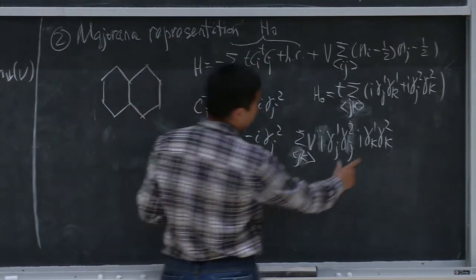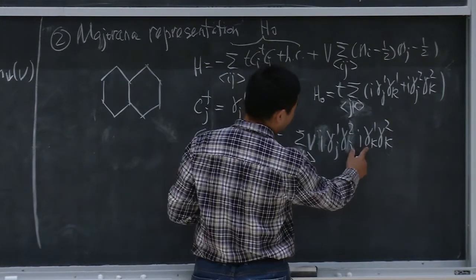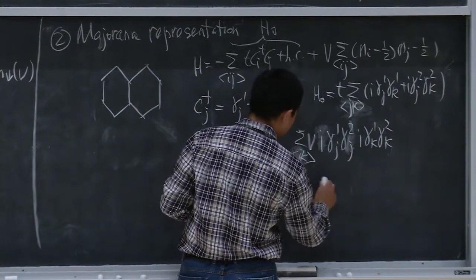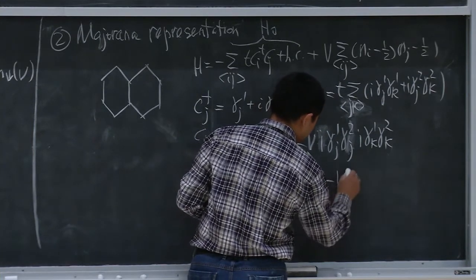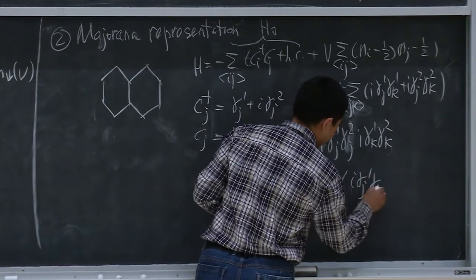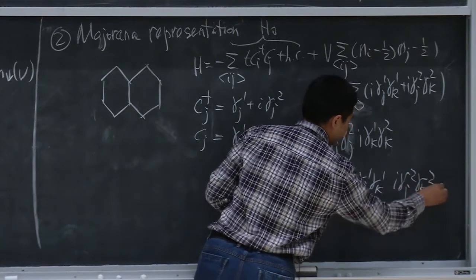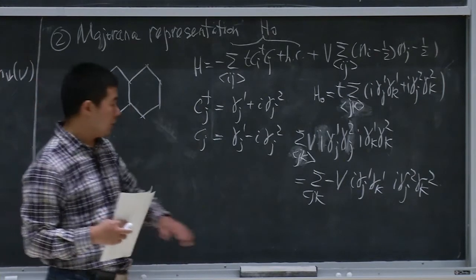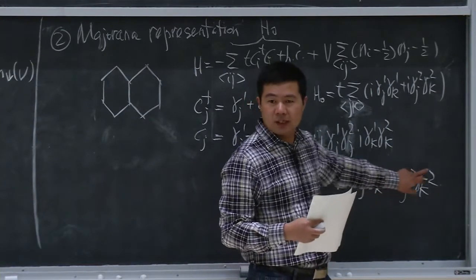And then we can switch between these, such that we move component 1 together and component 2 together. So this can be written with a minus sign here times the interaction i gamma_J1 gamma_K1 i gamma_J2 gamma_K2. Okay. So now you can imagine that index 1 is like spin up, and index 2 is like spin down.